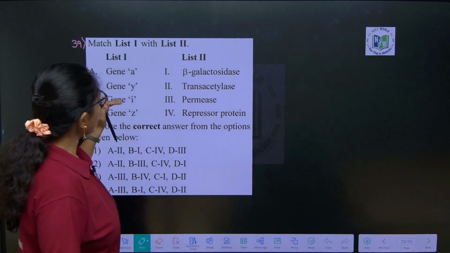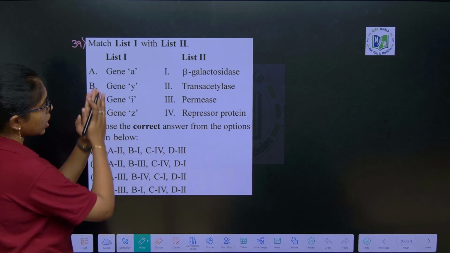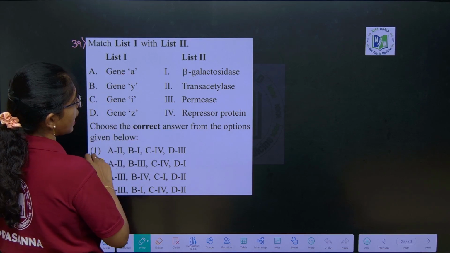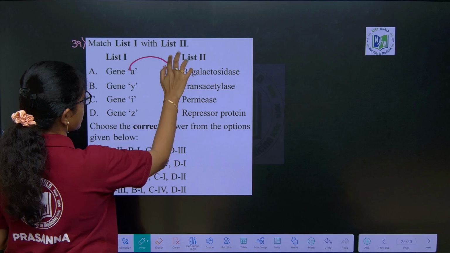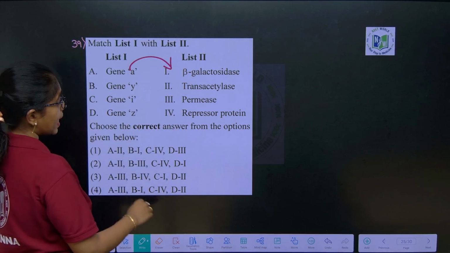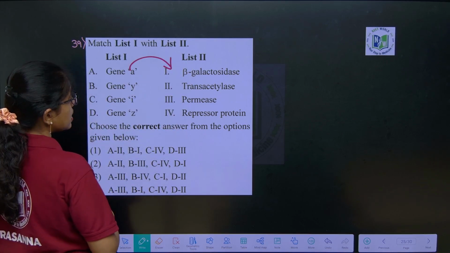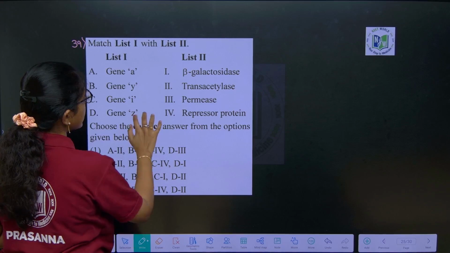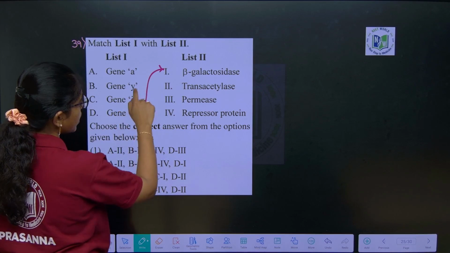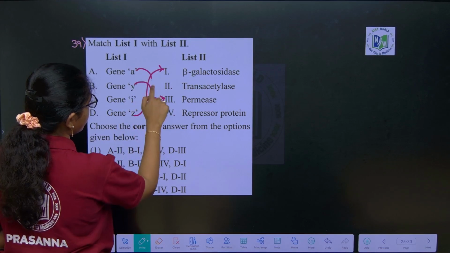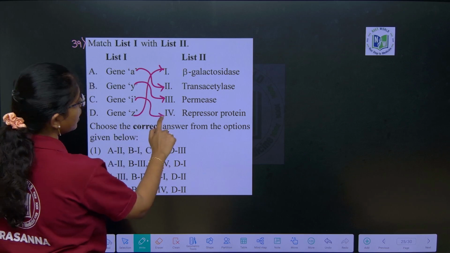Gene A, Y, I and Z, if you see, what does each gene code for? Gene Z is coding for beta galactosidase, Y for permease, A for trans-acetylase and I is the repressor gene.